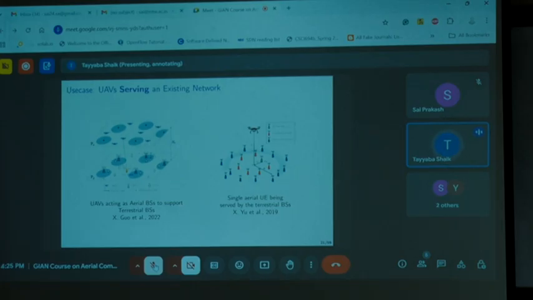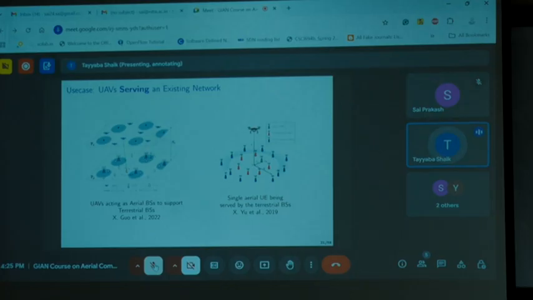In that case, you can ask for UAVs to provide the service to the user and improve the performance at the typical user. That can be seen as one application where UAVs are used as aerial base stations.